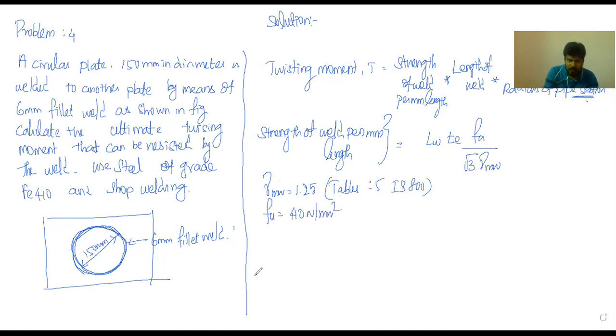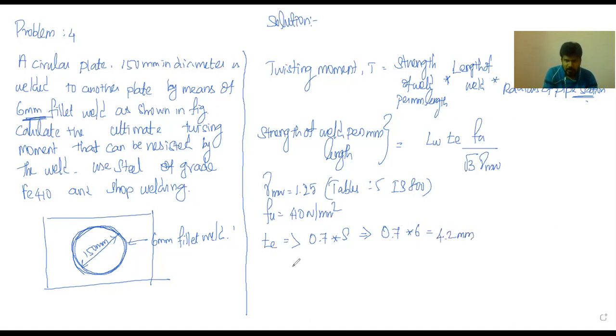Next te, the effective throat thickness. So here we take 0.7 times the size of weld. The size of weld is 6 mm. So 0.7 into 6, 4.2 mm.